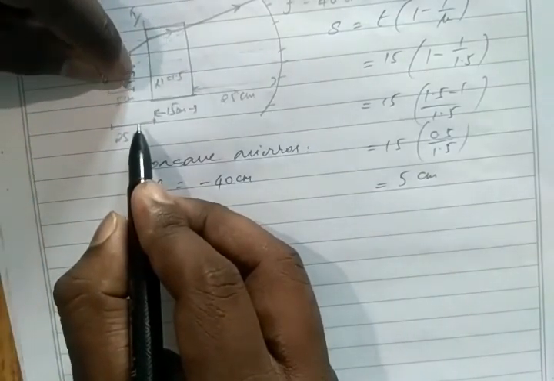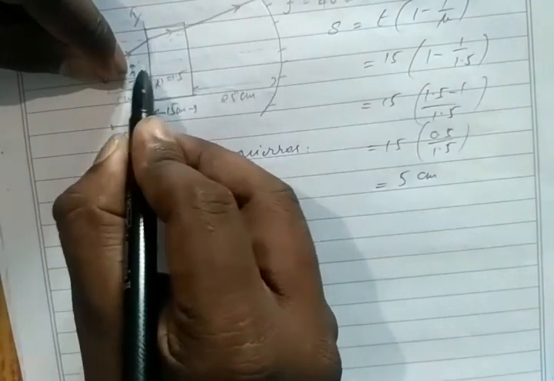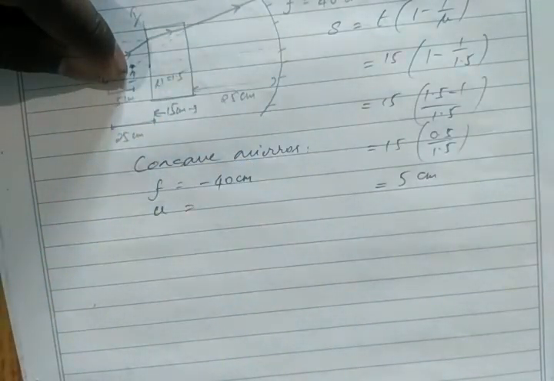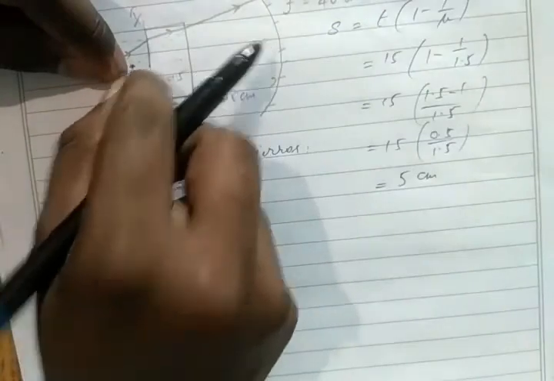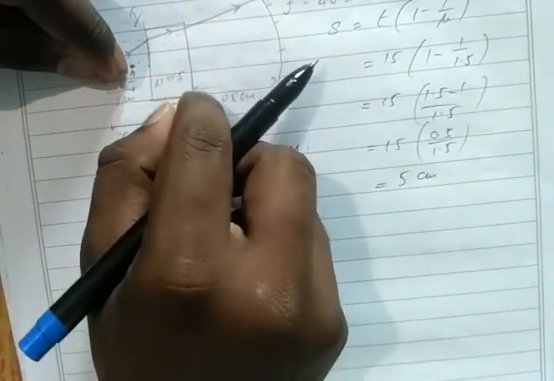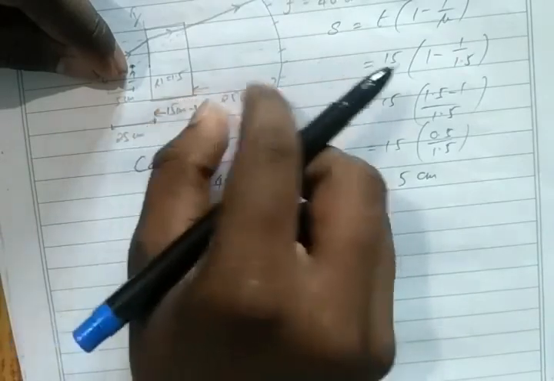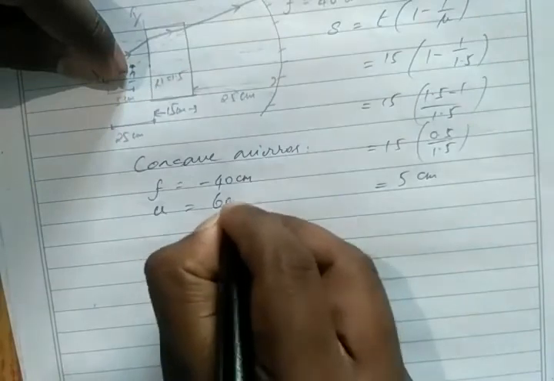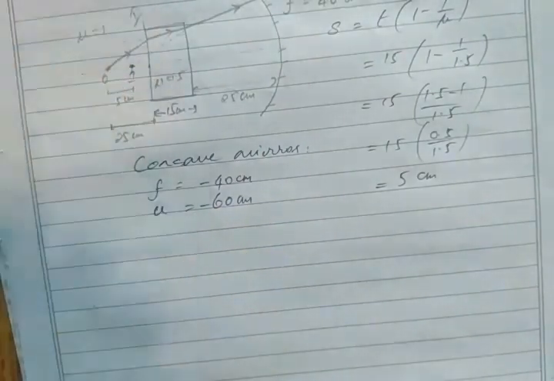Then if we neglect 5 centimeter, the distance between I and the first interface will be 20 centimeter. Okay, 25 minus 5 will be 20. Then 20, again here we have 15, 20 plus 15, 35. Again here we have 25. So 35 plus 25 will be 60 centimeter, minus 60 centimeter.